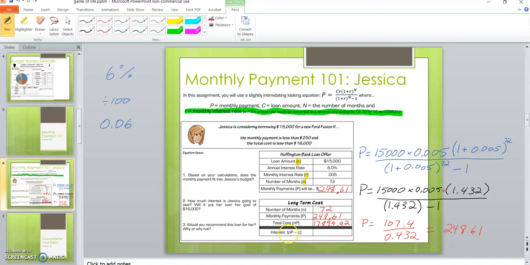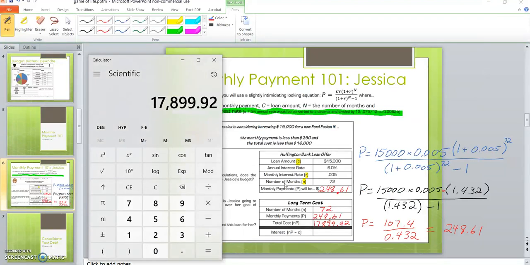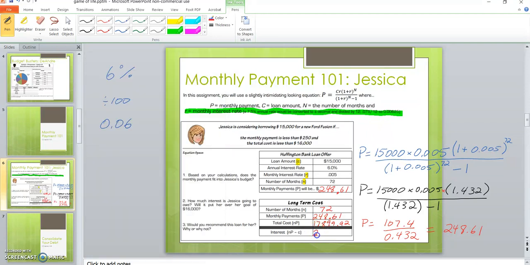So we'll take our NP, which is the total cost, and subtract C, which is $15,000. This gives us $2,899.92. This is the amount of money that Jessica will pay in addition to her loan amount.